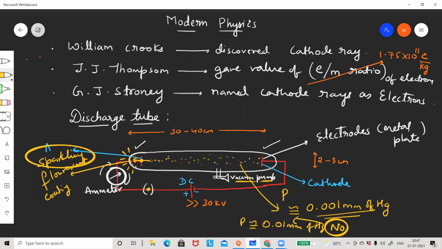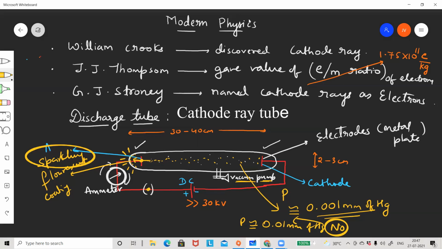Number two, less air pressure or less gas pressure. When gas pressure is less, through whatever amount of gas was there, those typical particles, unidentified at that time, were able to ionize the composition of that gas or air.